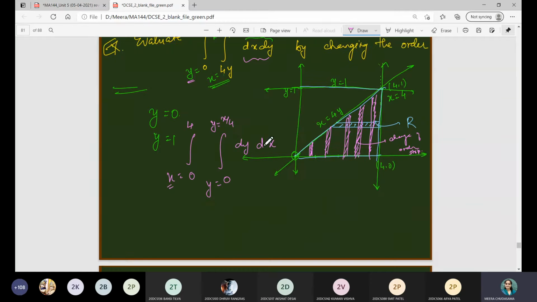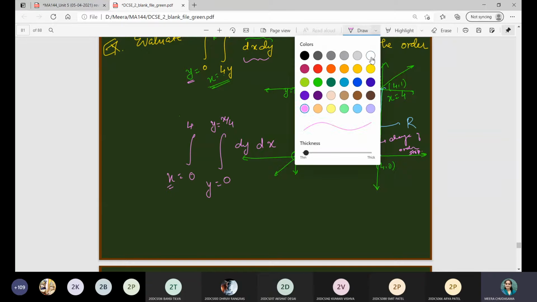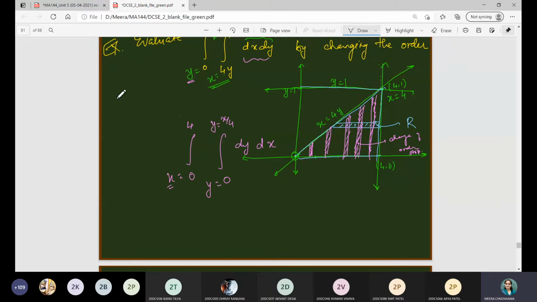So what we'll write here, first of all, to draw the region, we have to write the corresponding statements. Given, it is y is equal to 0, y is equal to 1, x is equal to 4, x is equal to 4y, right?